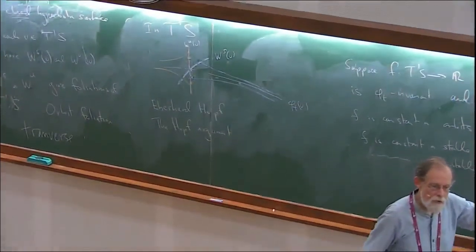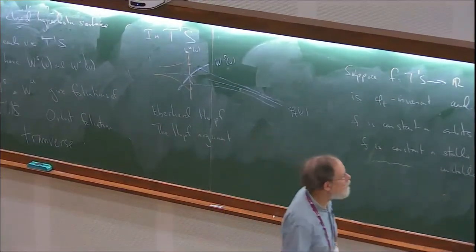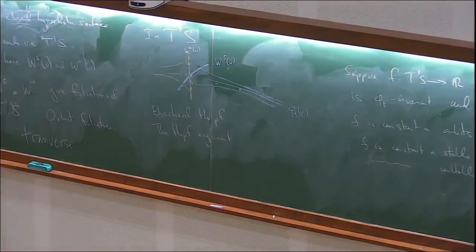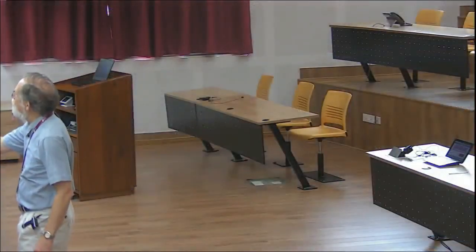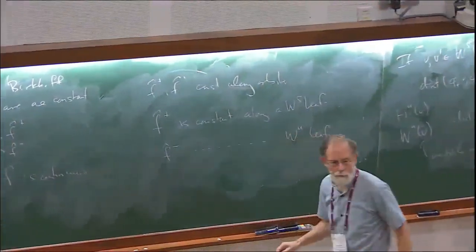I just go back and look at my picture of 2 things in the WS leaf and think about Birkhoff averaging along those blue orbits. For a while, things are very different, but then they get very close, and they stay very close. So virtually all of your average is coming from things that are very close. And so it's pretty obvious that this function is constant along WS leaves, and the backwards average is constant along WU leaves.